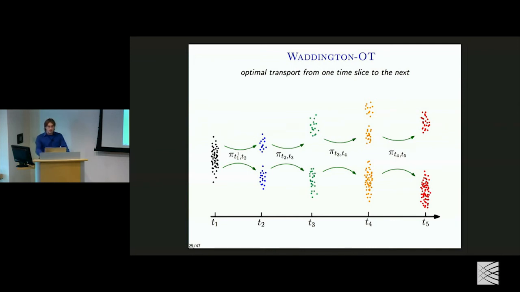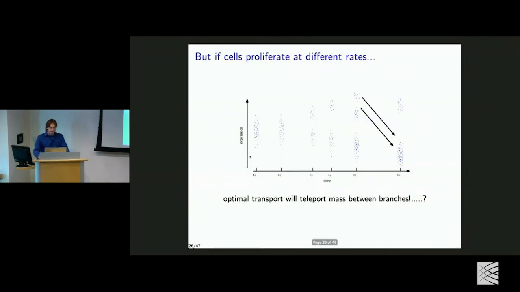But we're going to see that we need to make some modifications to the standard formulation of optimal transport, because it was originally developed to move piles of dirt, and dirt doesn't grow, but cells can grow. If cells proliferate at different rates, for example, you can see there are many more cells accumulating in this bottom branch, and the top set of branches is not accumulating cells as rapidly.